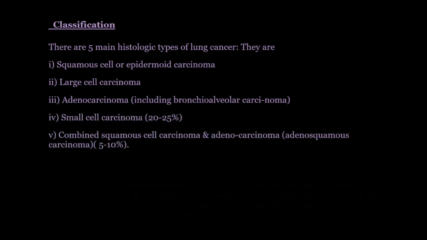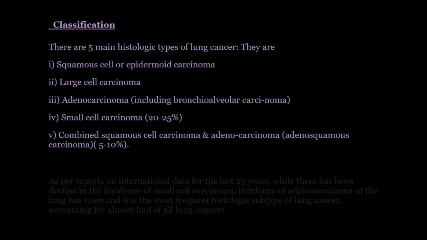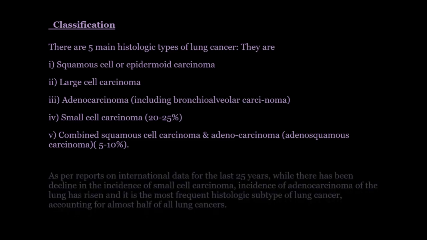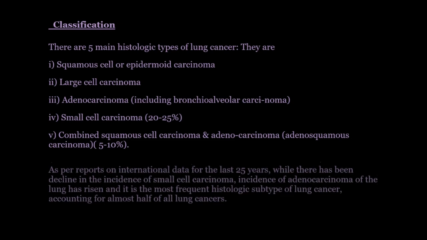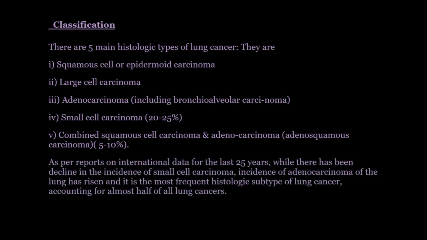Out of all the 5, squamous cell, large cell, and adenocarcinoma are further categorized as non-small cell carcinomas. Adenocarcinoma is reported to be the most frequent histologic subtype of lung cancer, accounting for almost half of all lung cancers.